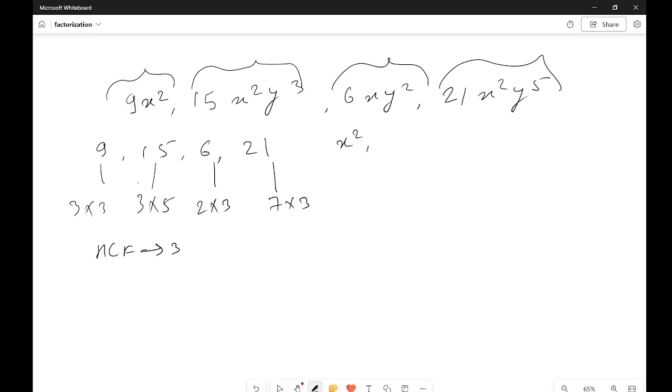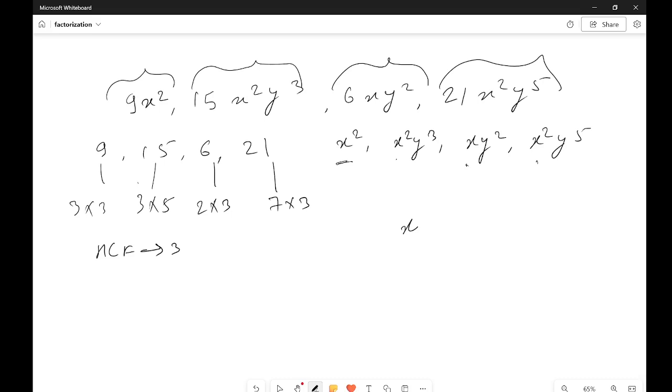Now comes the variable part. In the first one it's x square, second x square y cube, third x y square, and the fourth x square y power 5, right? From the first expression there is no y, so it cannot be common, it can be only x. Now the question is what's the power. In the first expression we have square 2, second again 2, third 1, and fourth x square.